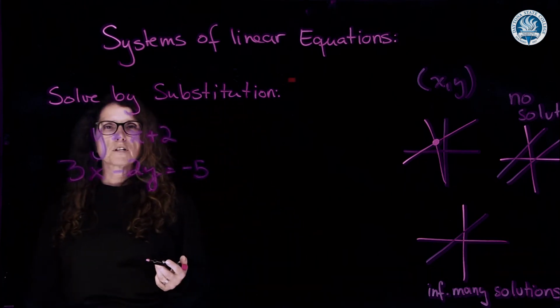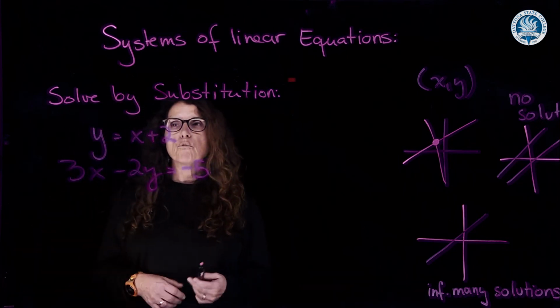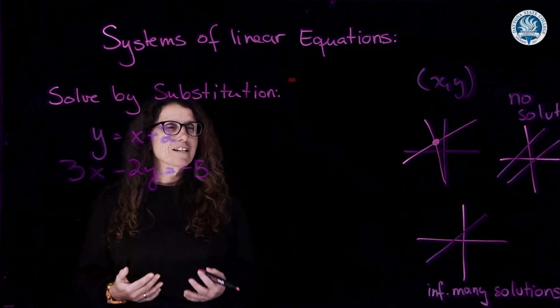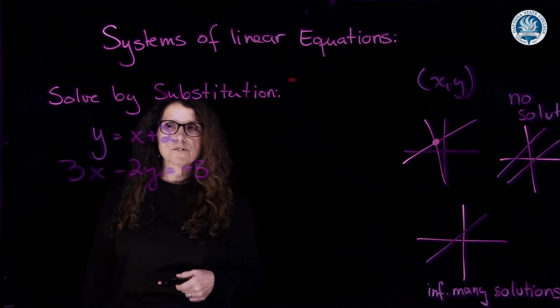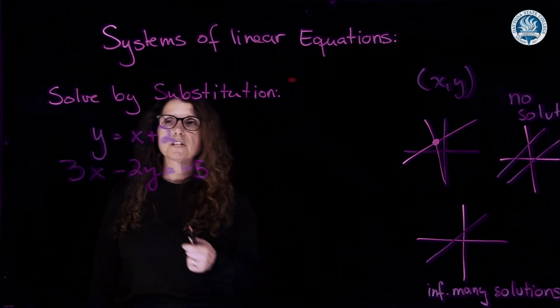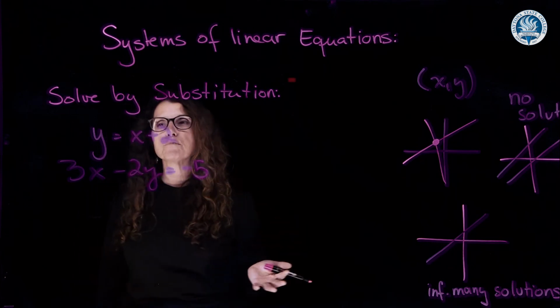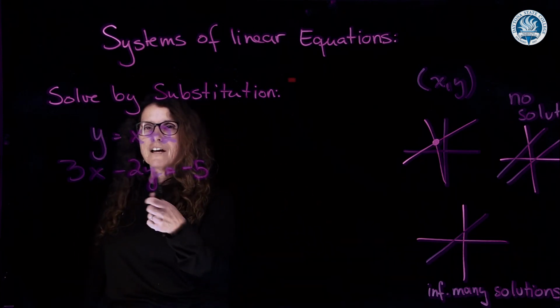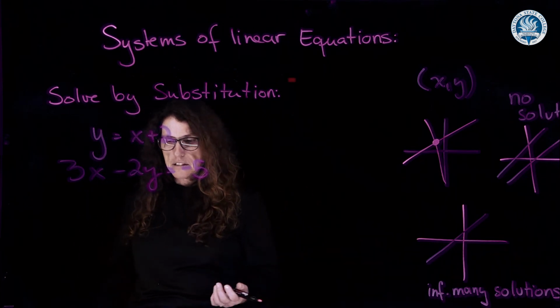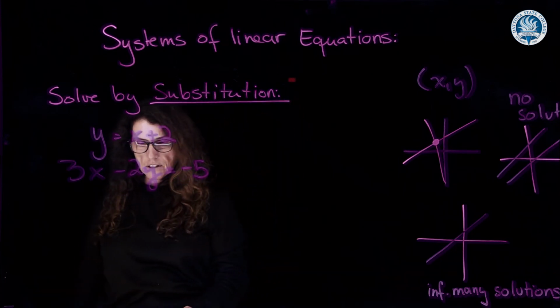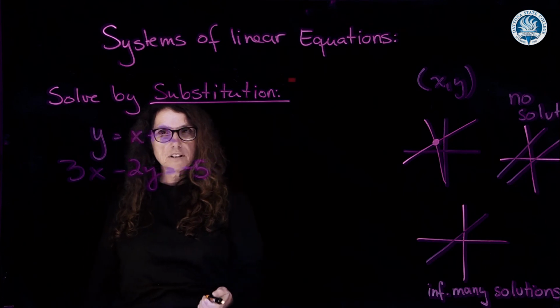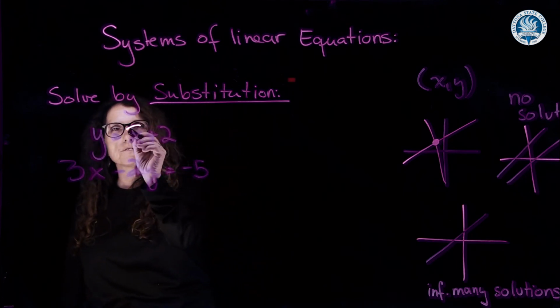When you solve by substitution method, one of the variables always has to be isolated. So it either should say y equals or it will say x equals. In this case, this setup is beautiful. We already have y equals. Now we can go ahead and substitute.